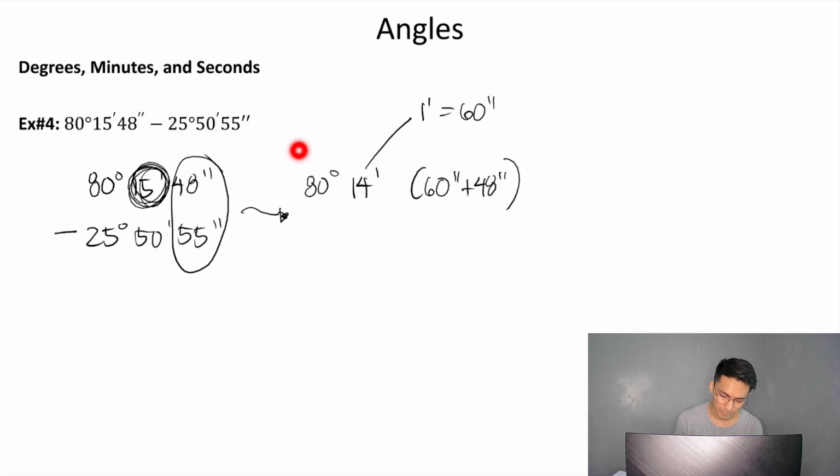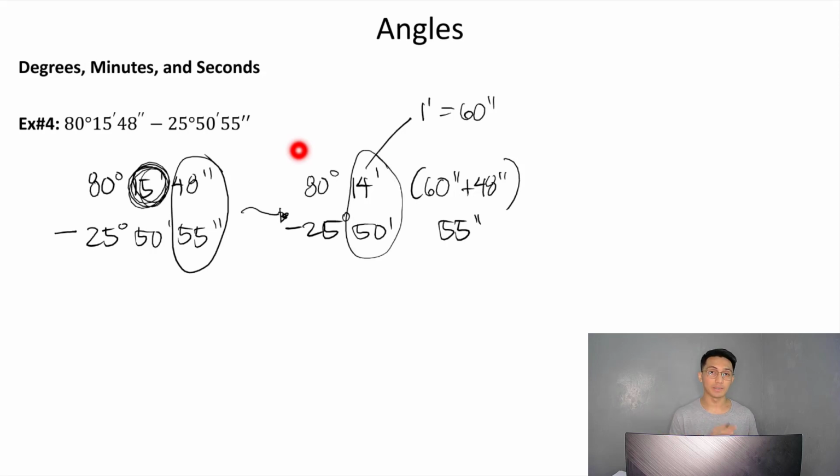So, minus 25 degrees, 50 minutes, and 55 seconds. Kaya lang, we have another problem. If we look at the minute section, 14 minutes minus 50 minutes. Mas malaki ulit yung ating isusubtract. So, ang gagawin natin, we need to borrow again. This time from the degree unit.